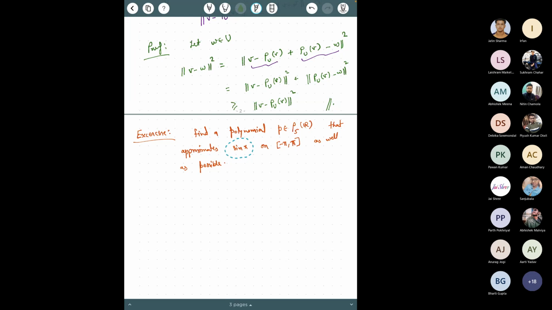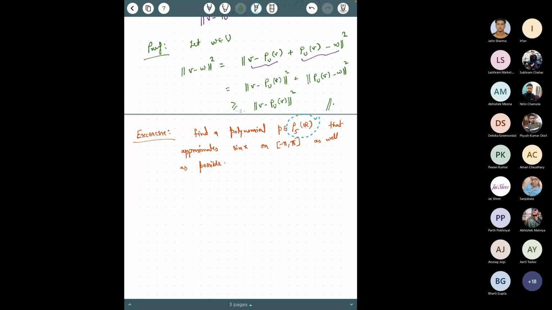Now, can you give me some idea what I should take here? Can you guess something? What should be my vector space first? You tell me that I can fix this vector space with respect to this inner product, and then I can consider P5 of R as a subspace of that.